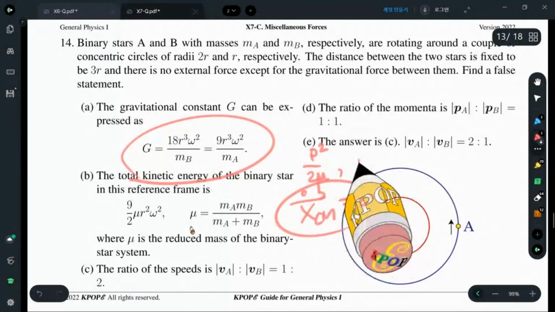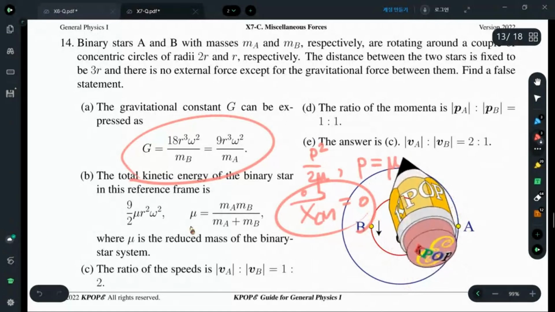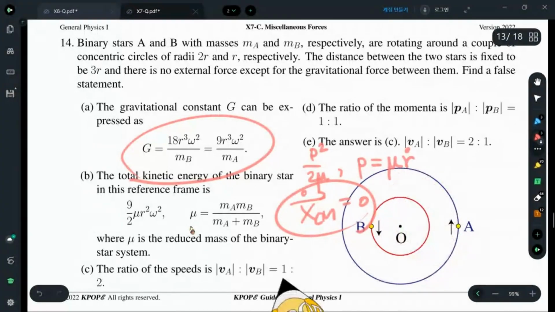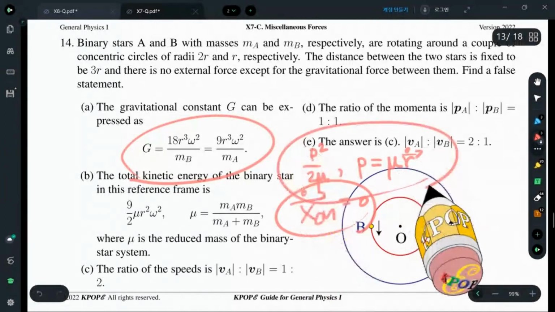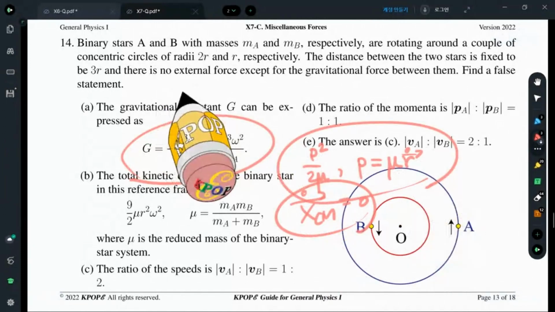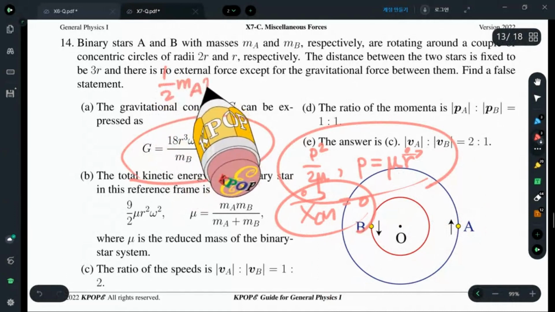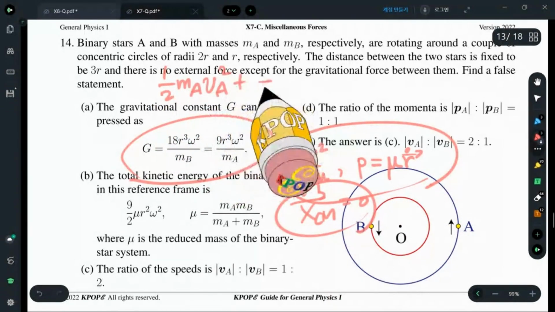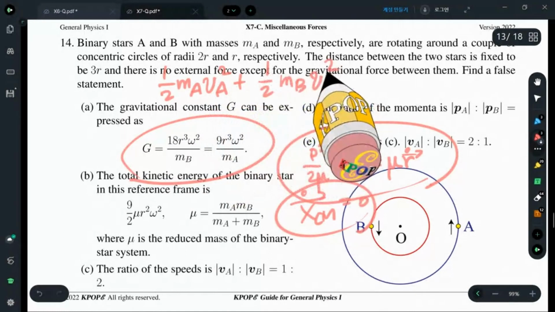And what is p? That is mu r dot. Or simply you can compute 1/2 m_A v_A squared plus 1/2 m_B v_B squared.